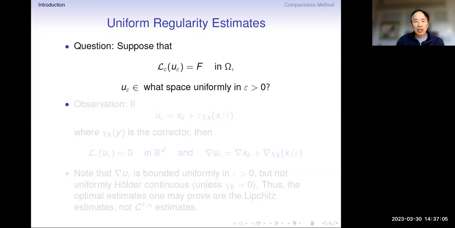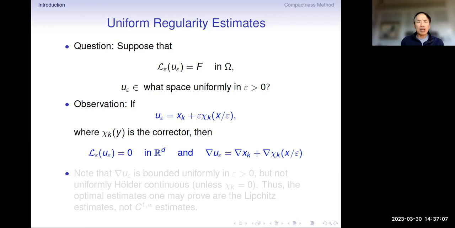All right, so the uniform regularity we want to study here is that suppose you look at an elliptic equation, L epsilon U epsilon equal to F. You can assume F is independent of epsilon. It doesn't matter because F here is fixed.